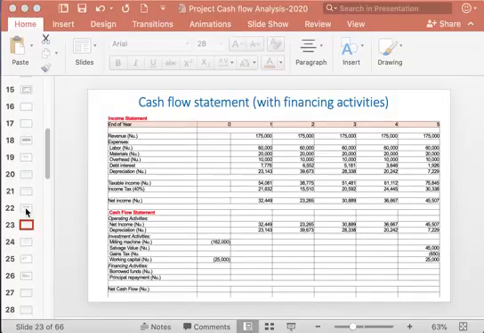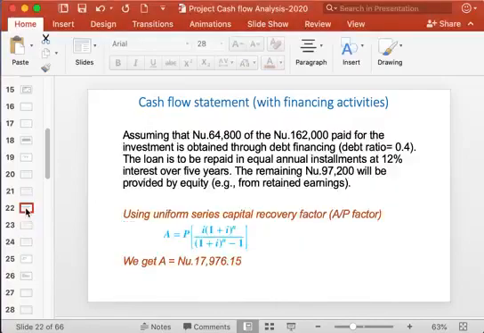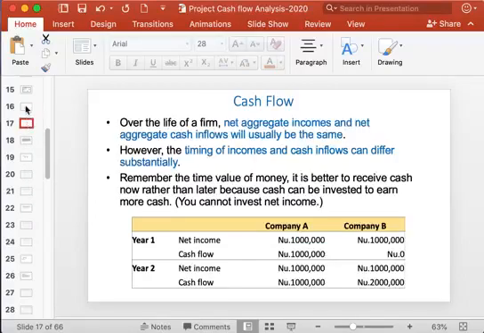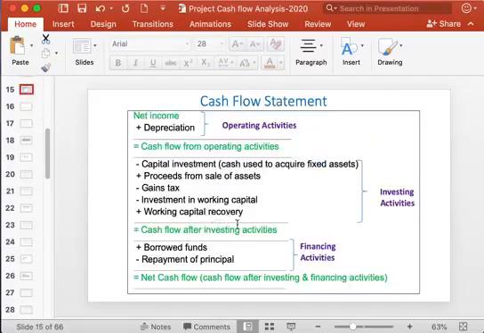Hi students, in this video I am going to continue with the income statement and cash flow statement. So far we saw how to prepare income statement and cash flow statement until the investing activities.